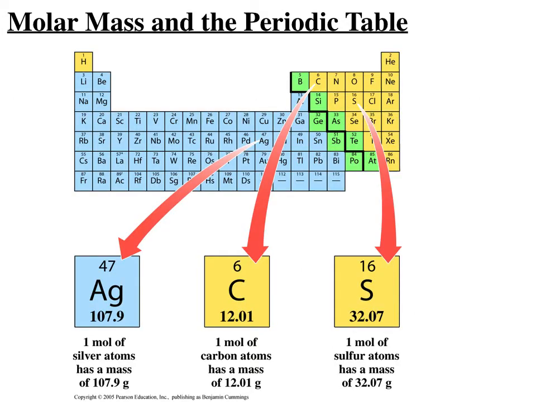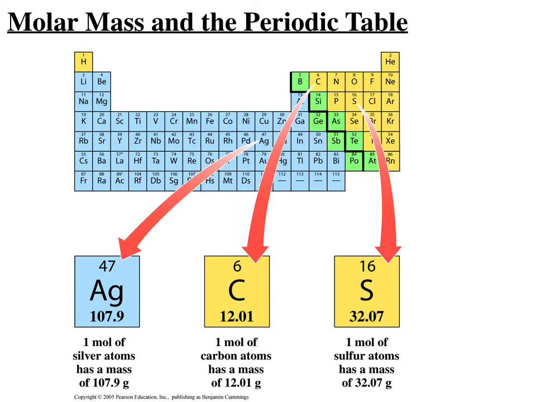We've already seen how the periodic table provides a wealth of information about the electronic structure of atoms. Now we will also add to that wealth of information the fact that the periodic table also lists how much of each of the individual elements you would have to weigh out in order to get an Avogadro's number of them.